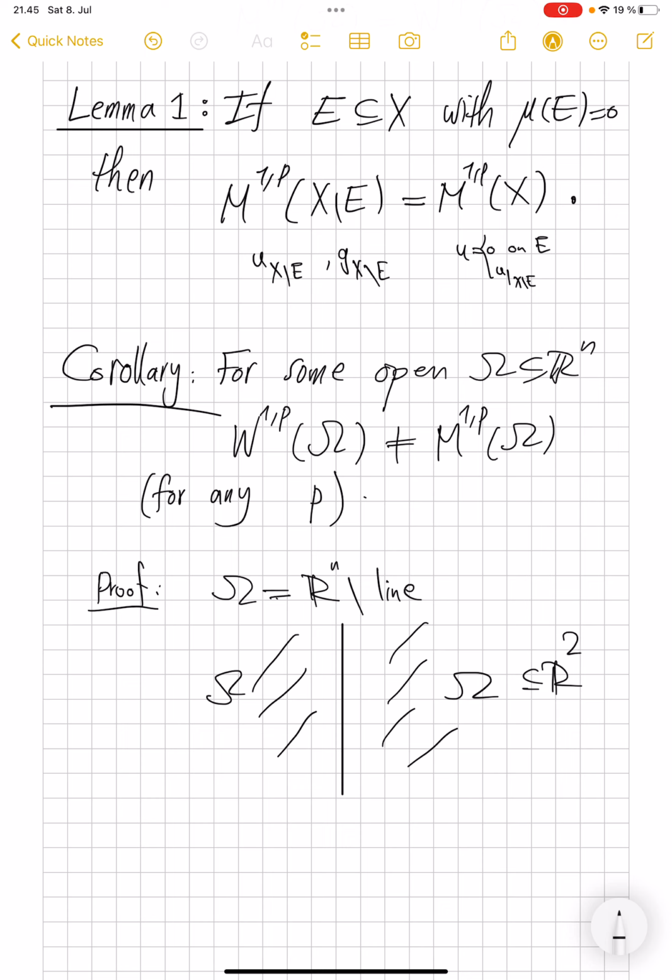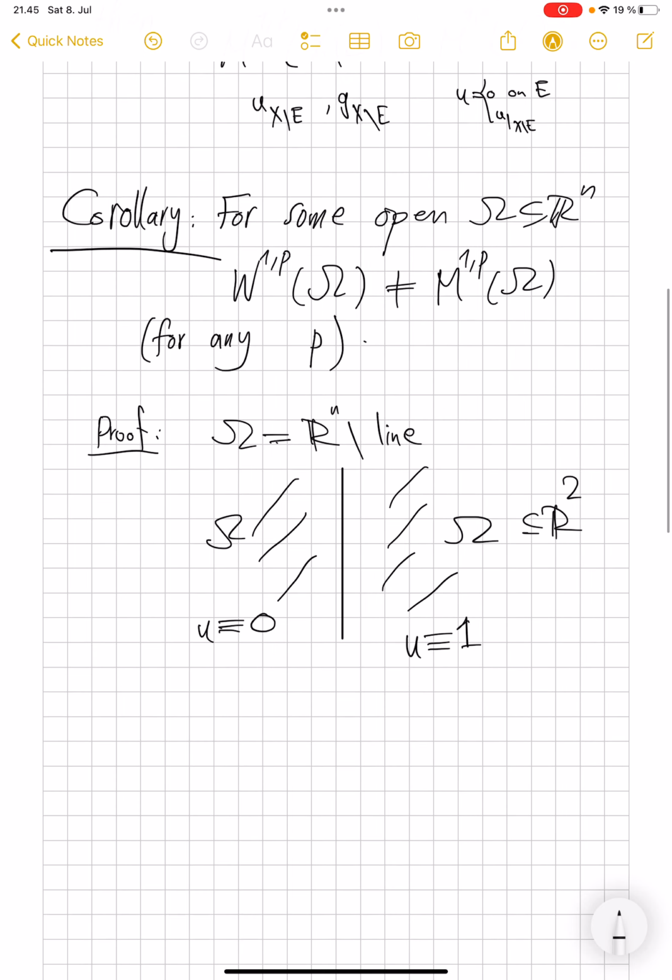Now, if you take the function u to be constant 1 on this side and constant 0 on that side, then you can easily check that the integration by parts against compactly supported smooth functions in omega, that means they will vanish near this line, if you test, you will see that 0 is a weak gradient of u.